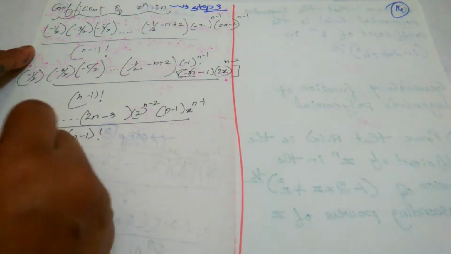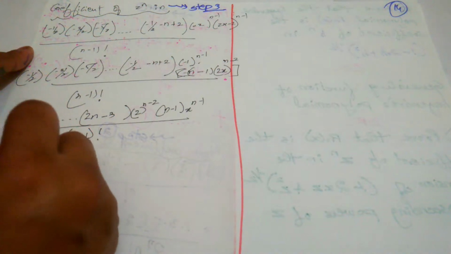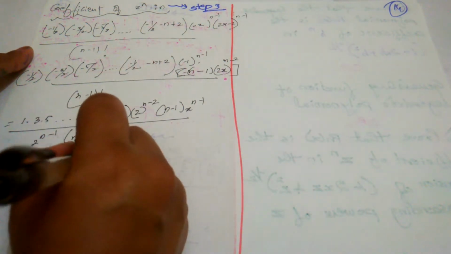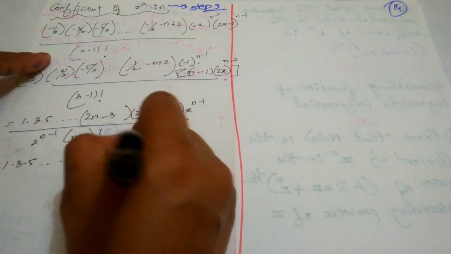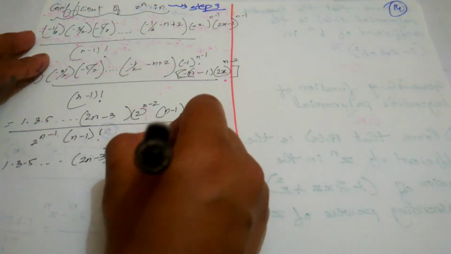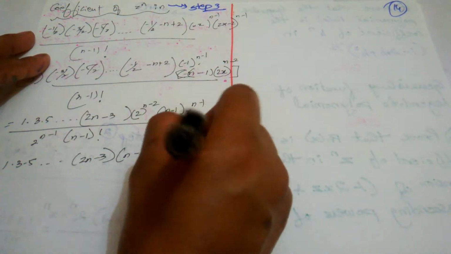Else you can write this as 1 3 5 ... 2n minus 3, n minus 1, x raised to n minus 2.